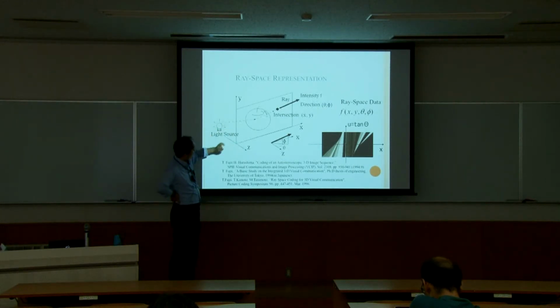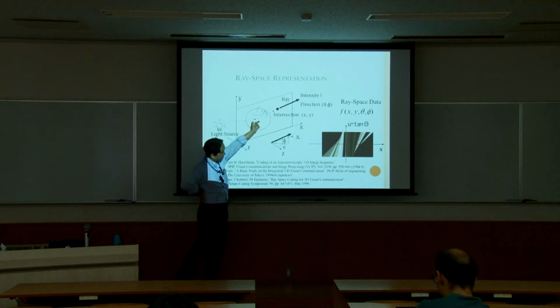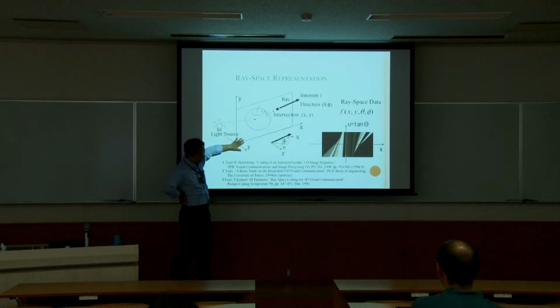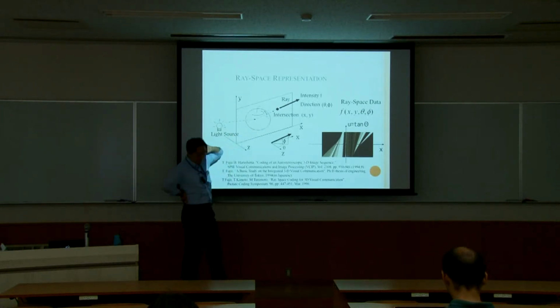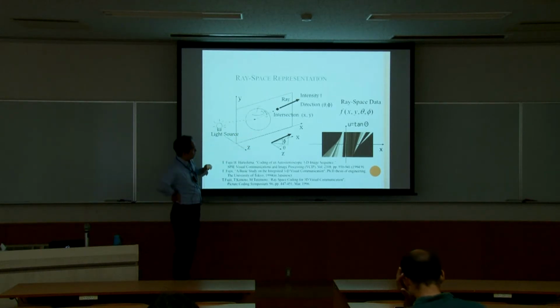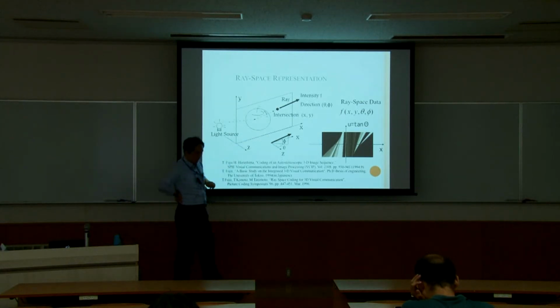This is the plane. And the light source emits light, and the object reflects this light ray. And the light ray comes here and intersects with this reference plane at this intersection point, x, y. And the emitting direction is, for example, theta and phi. So we can specify one light ray using 4 parameters: intersection point x, y and direction theta and phi.